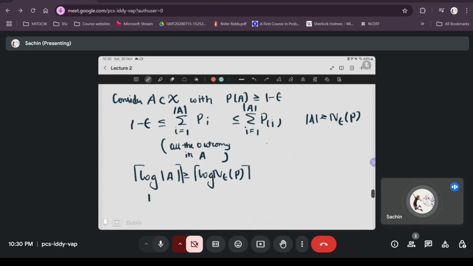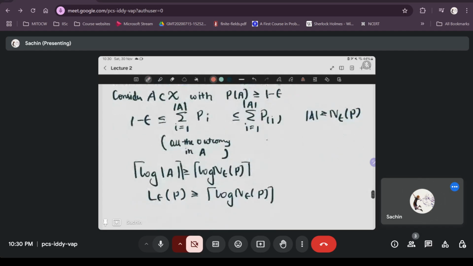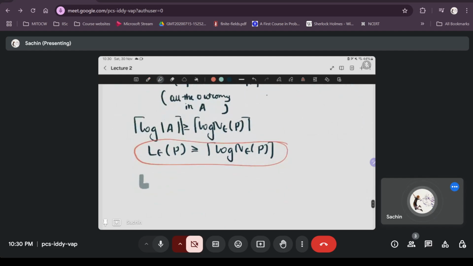So that would mean that L epsilon of P is greater than or equal to ceiling of log n epsilon of P. So we got these two inequalities, and combining those two you will get that L epsilon of P is actually equal to ceiling of log of n epsilon of P.